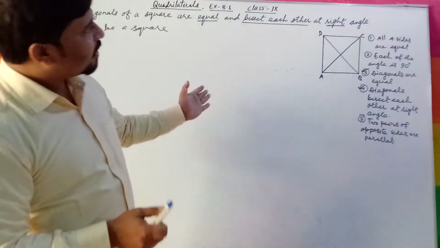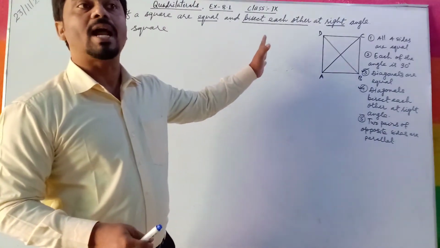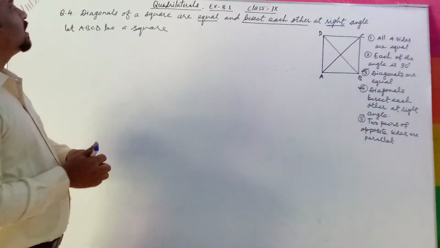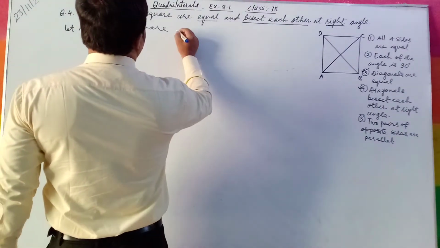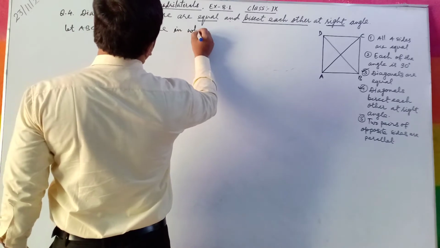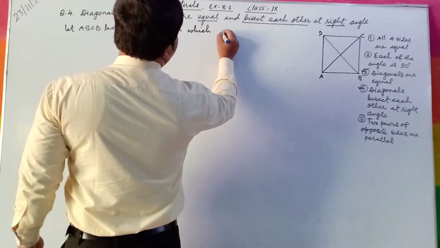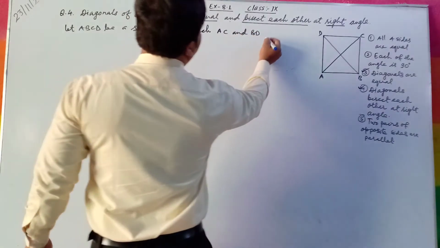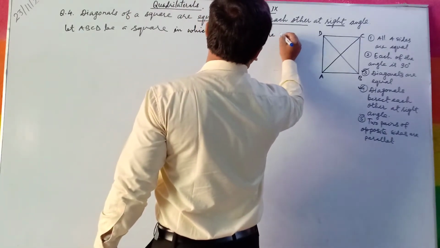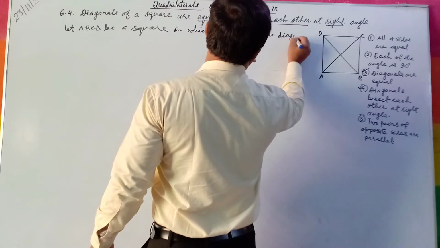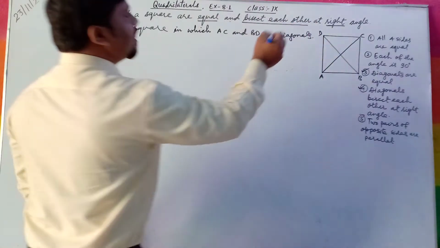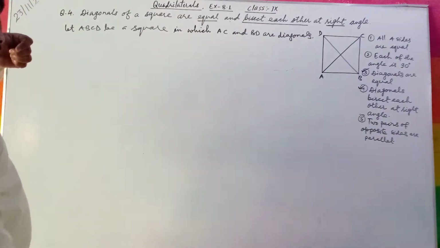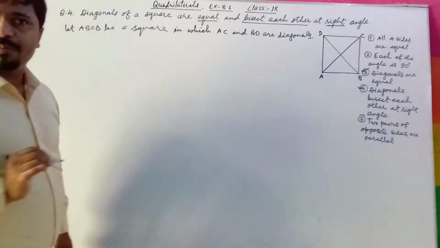Clear? And when we draw the picture, for that we write let, we suppose it. So let ABCD be a square in which AC and BD are diagonals. Clear? This is the introduction of this picture.